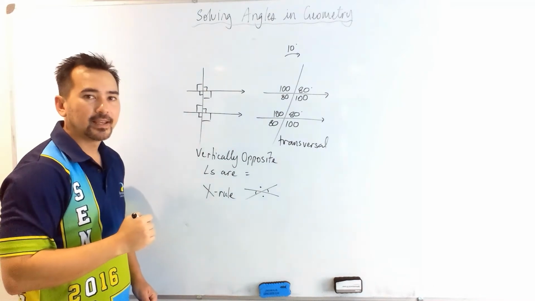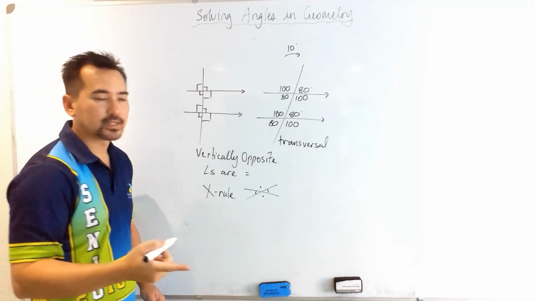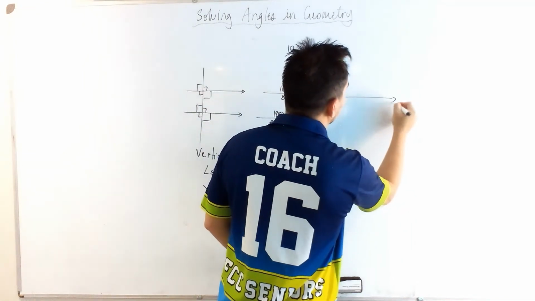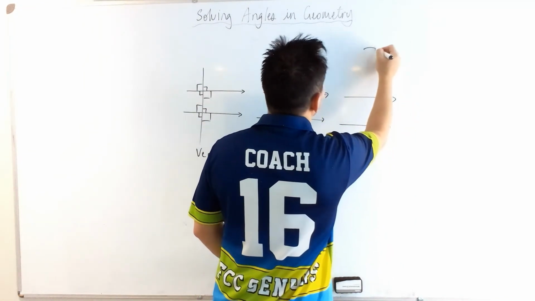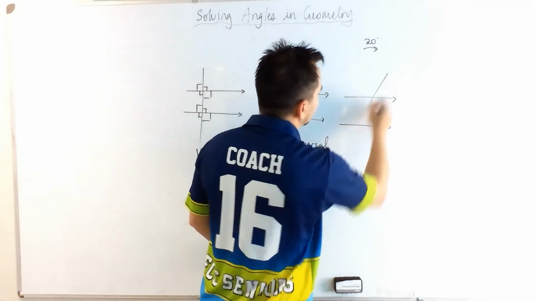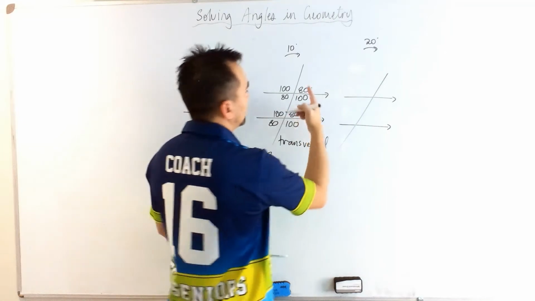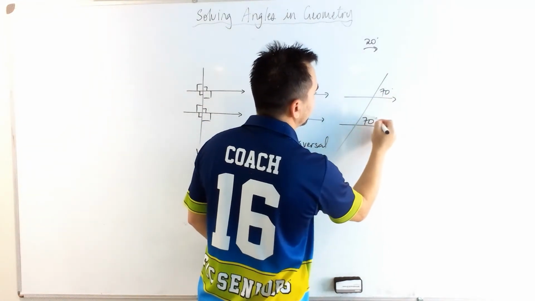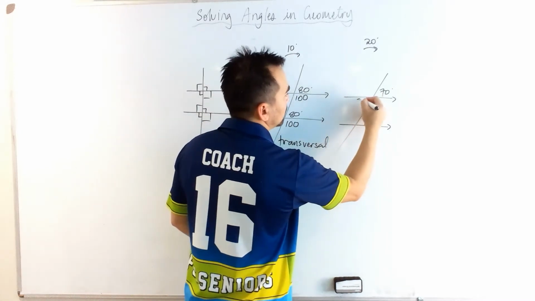Okay? Now, let's take this one more step further. Let's say we tilt the transversal another 10 degrees. It's now moved 20 degrees from the original, so it's now looking a bit more like this. It used to be 90, and now it's 70. This is acute, which is 70.